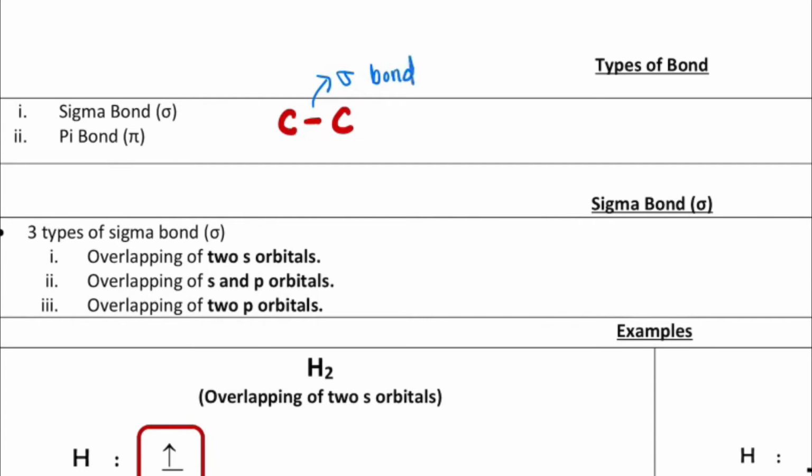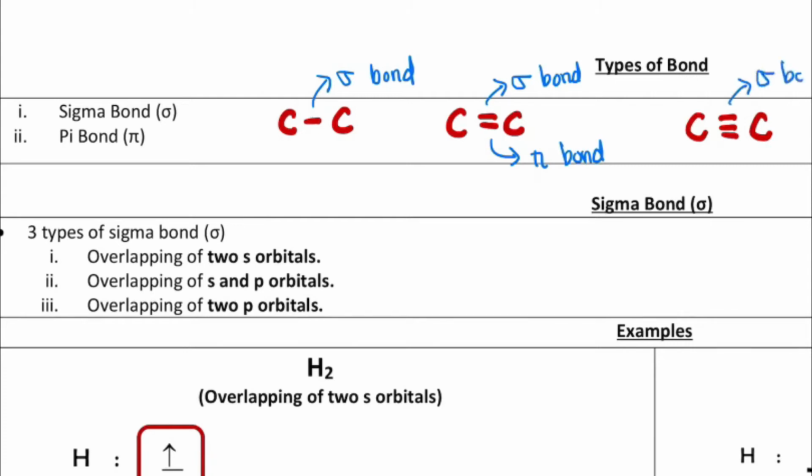Tapi kalau bonding antara karbon tu adalah double bond, so maksudnya one of the bond adalah sigma bond and another bond adalah pi bond. Okay, so dalam double bond ada one sigma bond, one pi bond. And next, possible juga untuk kamu jumpa triple bond. Okay, so carbon-carbon triple bond. Okay, so kalau dalam carbon-carbon triple bond, sebenarnya kita ada hanya satu sahaja sigma bond, another two adalah pi bond.